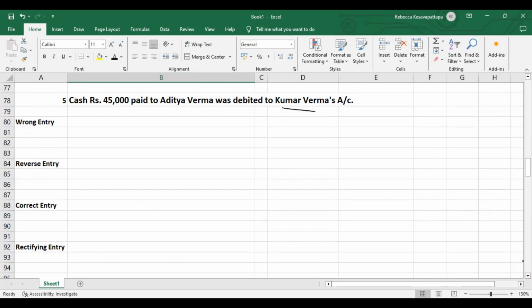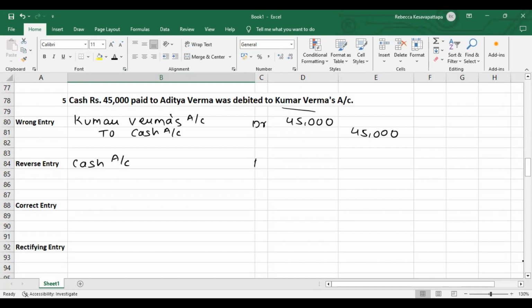So the wrong entry was Kumar Verma's account debit 45,000 to cash account 45,000. The reverse entry will be cash account debit to Kumar Verma's account 45,000.